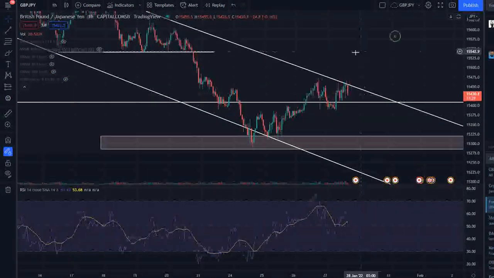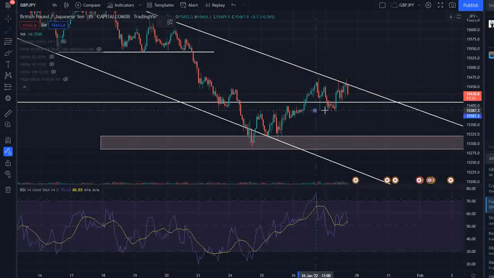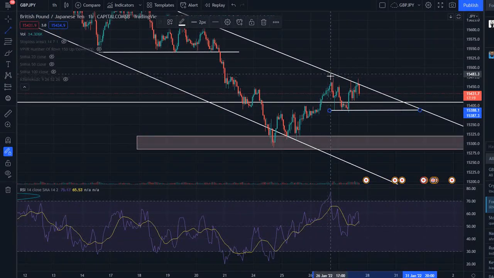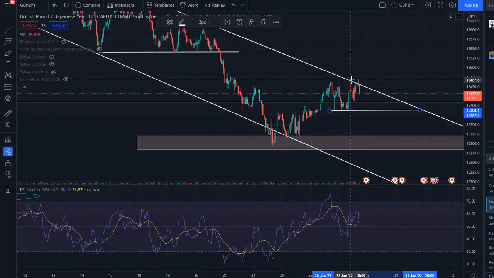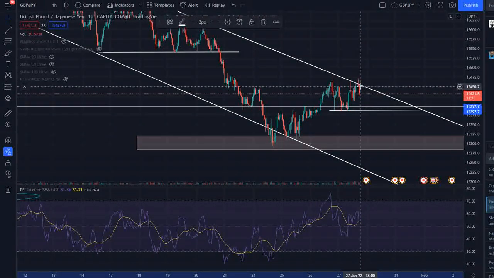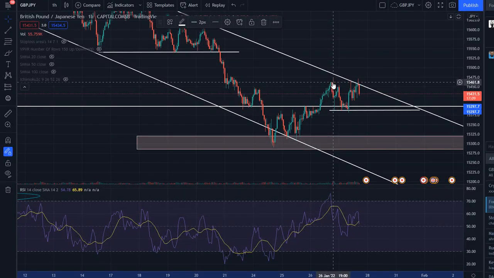Alright, so we get a nice support level here that we need to break if we want to go up. 1, 2. That's a nice level here. This is going to be hard to break. Let's look at what we have.